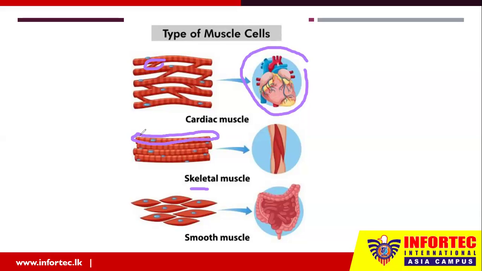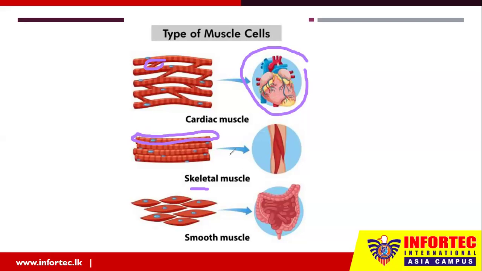As a result, these skeletal muscles have a fast contraction rate. Because of the fast contraction rate, they get tired in a shorter period of time. It means these cells tire easily.